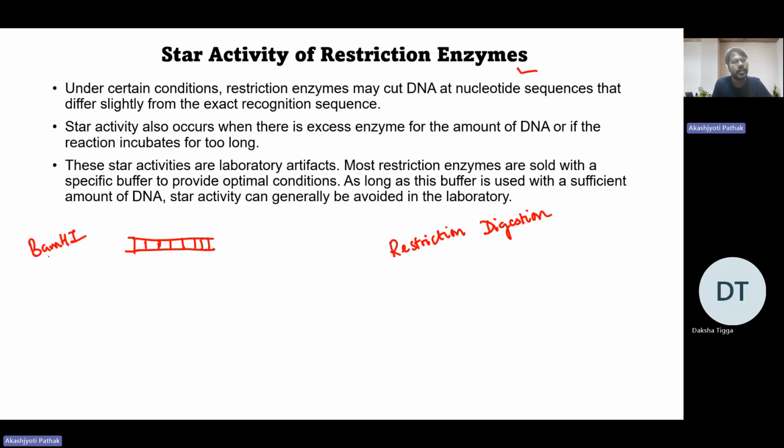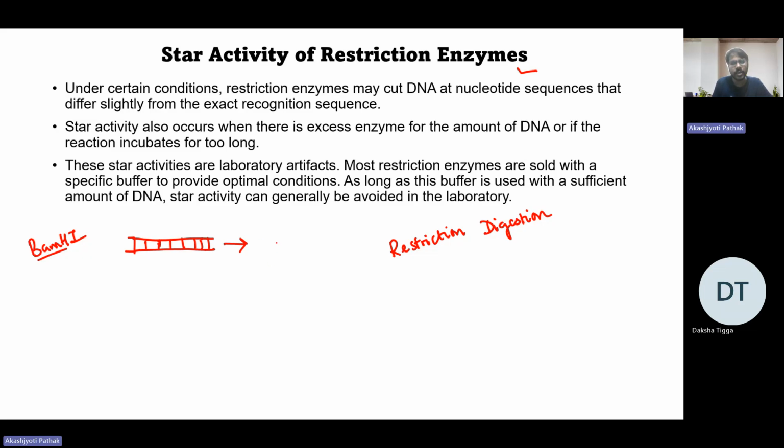This BamHI will recognize a particular DNA sequence, but you might not have that sequence in your gene of interest. Then what can you do? We can design primers. We will design a primer such that it has the DNA sequence of BamHI.